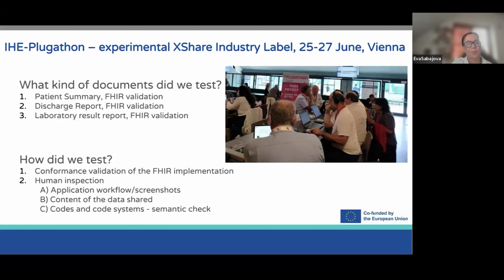The second step was human inspection, where the workflow was checked based on screenshots. Then the shared data content was checked, and as a third part, the codes and code systems, which is the semantic check, were verified.